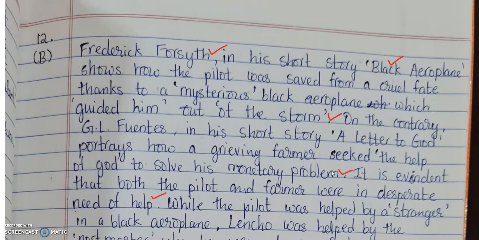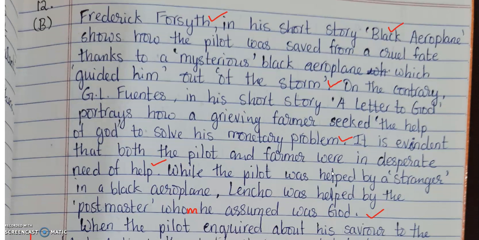Question number 12. This is entirely the PEE technique to be used over here. The comparative statement, how it is to be done: the comparison is written over here, and you can see the second, "it is evident that", is used over here, which is a part of the PEE technique.